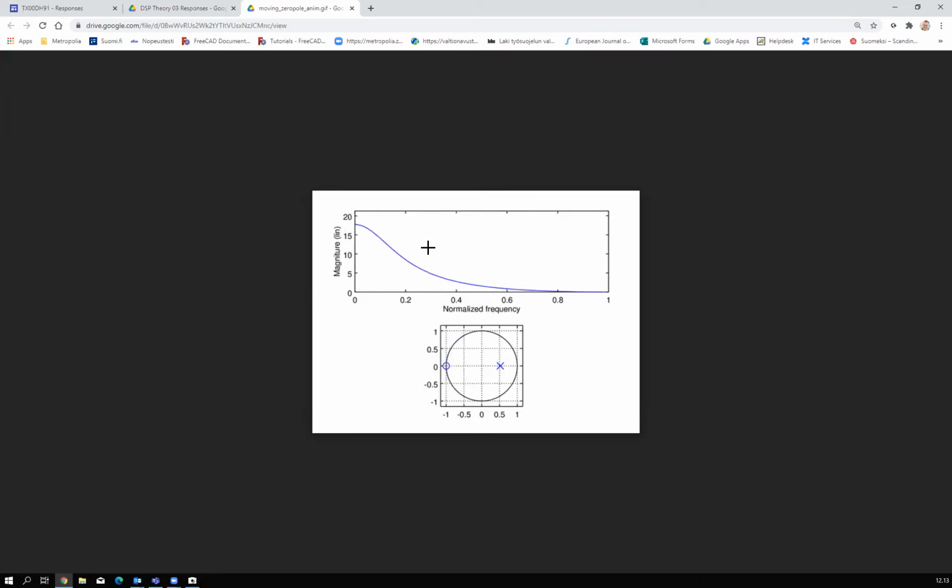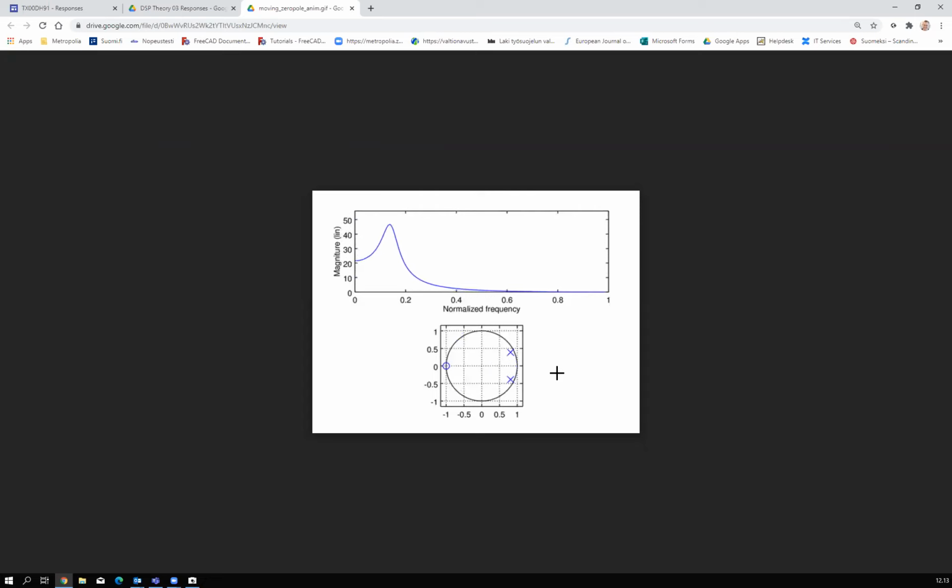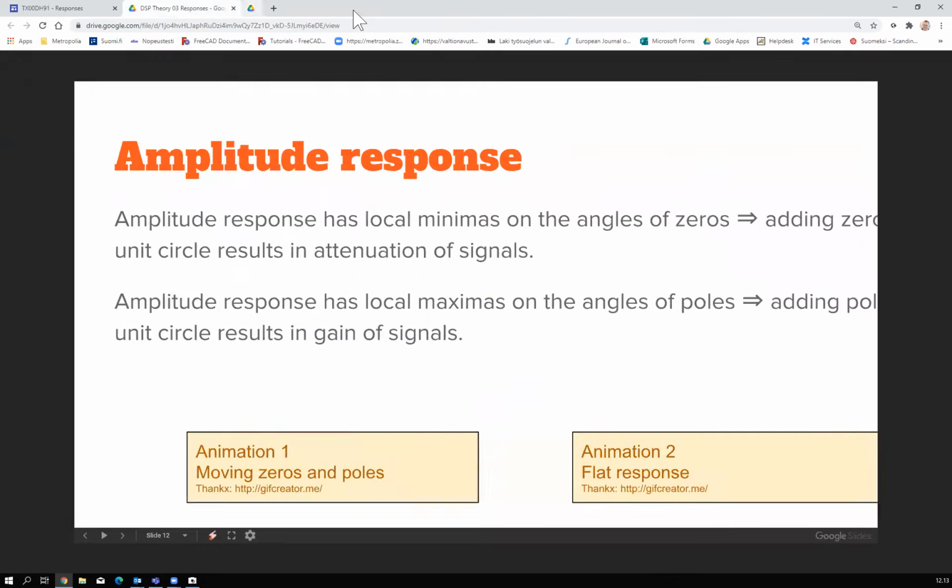So that's actually a double pole closer to the unit circle here, and the closer it gets, the more gain you have. And then if you split that into two poles, you can start moving the pole around wherever you want. And then it goes over again.